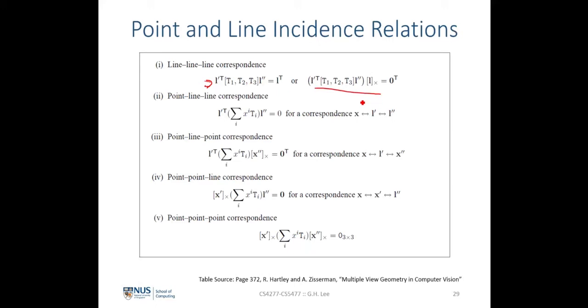Then we look at the point-line correspondence, where the first view has a point, and we get this particular equation, and so on and so forth. So we saw point-line-point, line-line-line, as well as point-point-point correspondences in the respective three views.